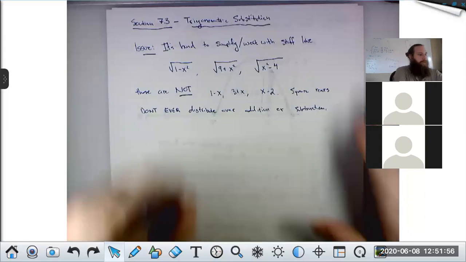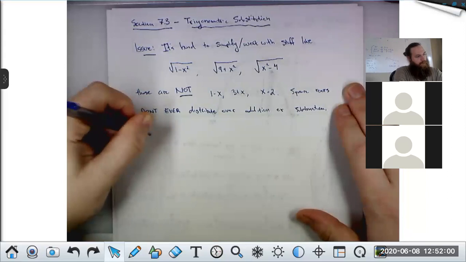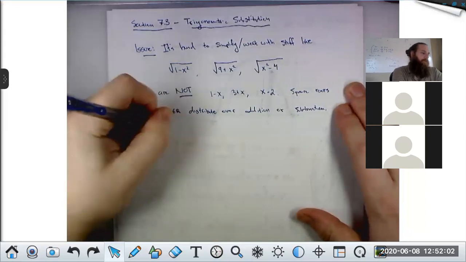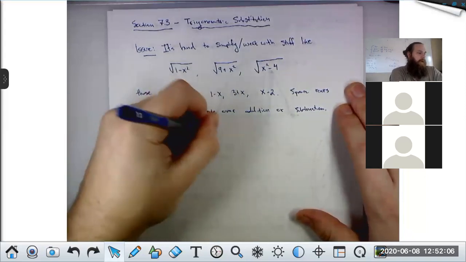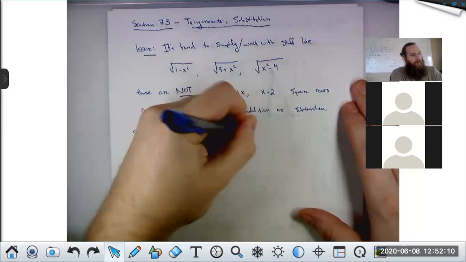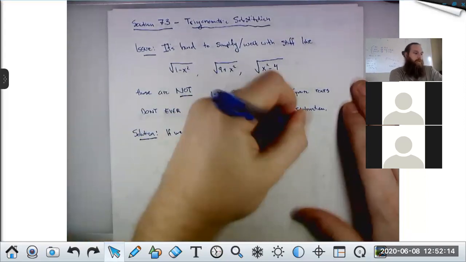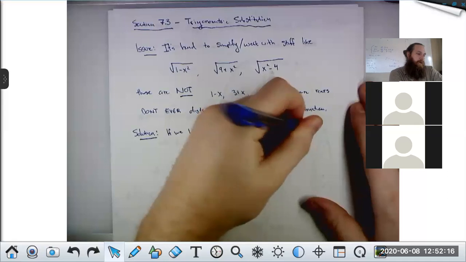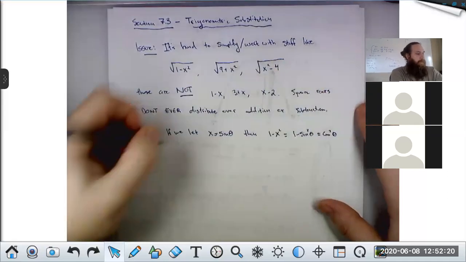However, if we let x be sine theta, then 1 minus x squared is 1 minus sine squared theta, which is cos squared theta by Pythagoras.